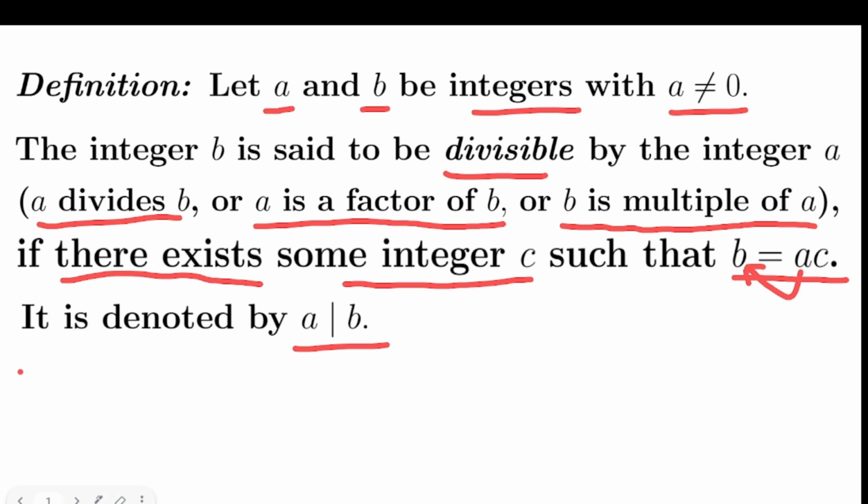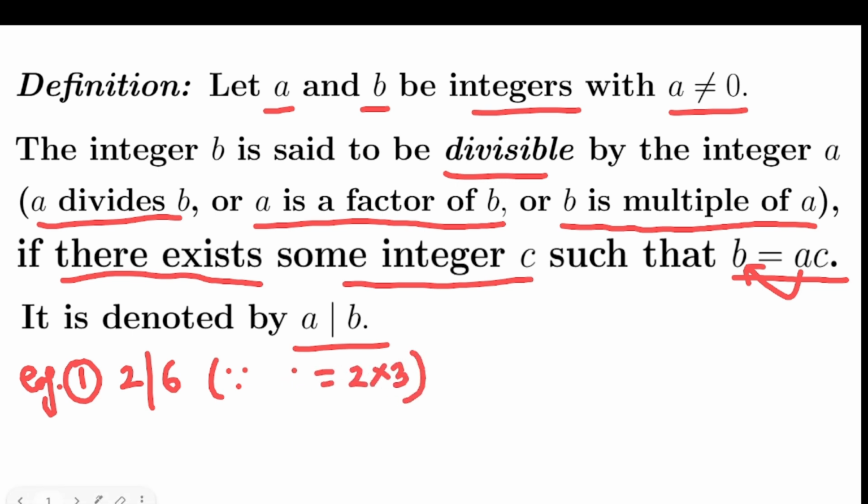Let's see some of the examples. See, 2 divides 6 because we have an integer 3 for which 2 into 3 is equal to 6. So we can say that by definition of divisibility, 2 divides 6.